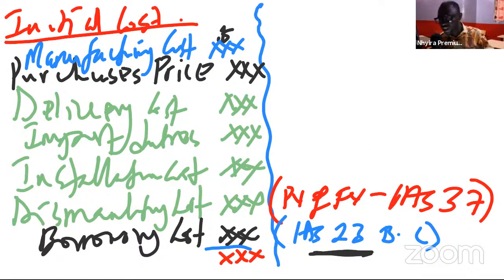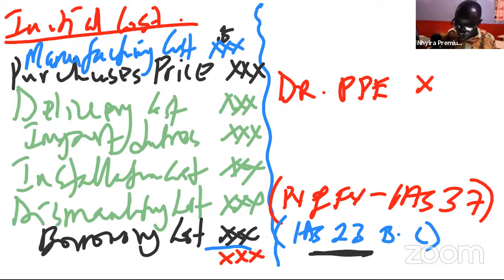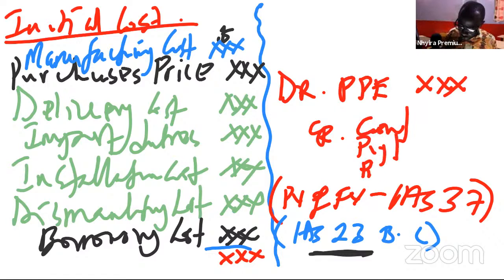Once we get the initial amount of the assets, double entry will come to town. So we're going to debit property, plant, and equipment like this. Make sense? And then we'll credit cash or payables or provisions.